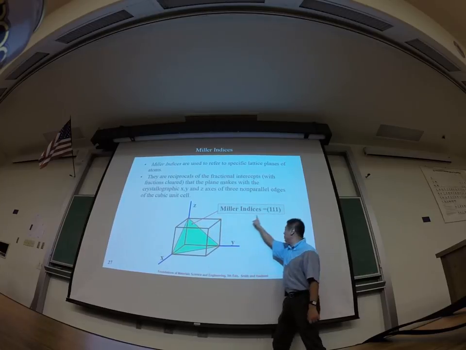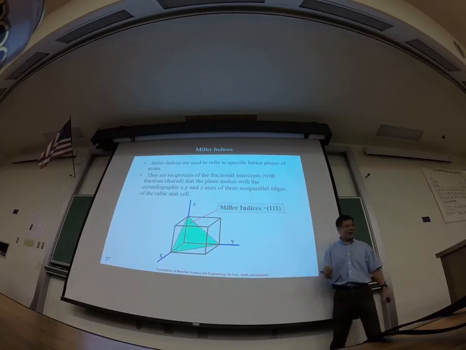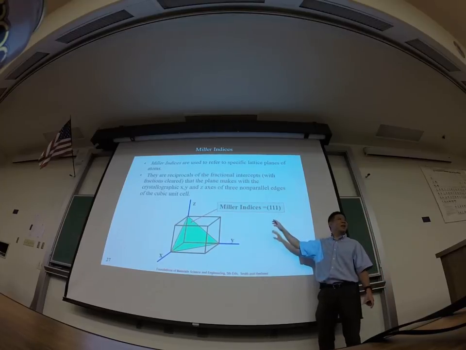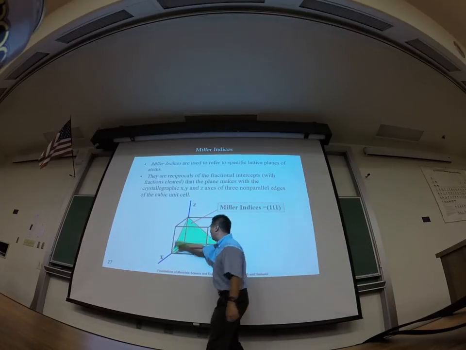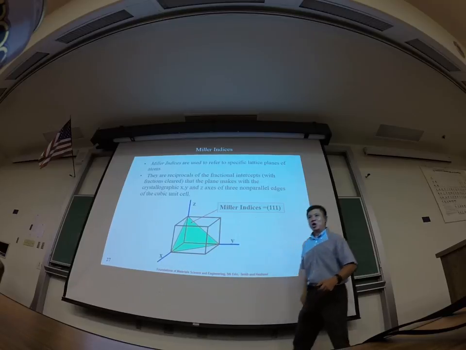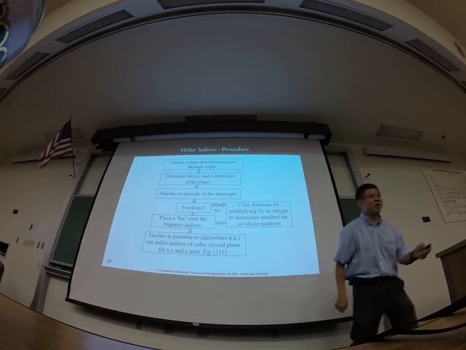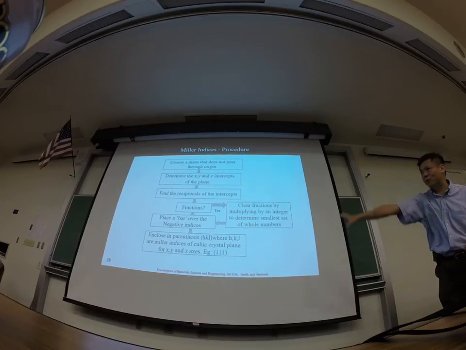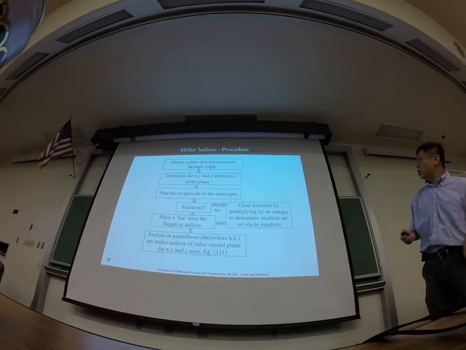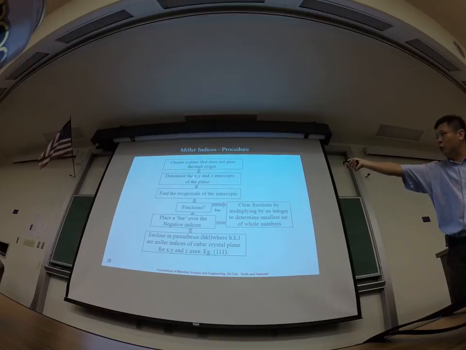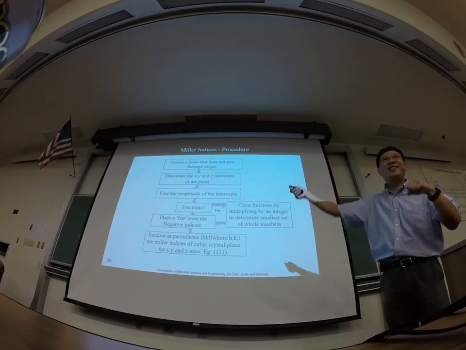But if you do not have the comma, we indicate the direction of this crystal plane. How do we determine the different crystal planes or the Miller indices? It's also straightforward. Also follow that one. Okay. So once again, you need to decide the x, y, z.